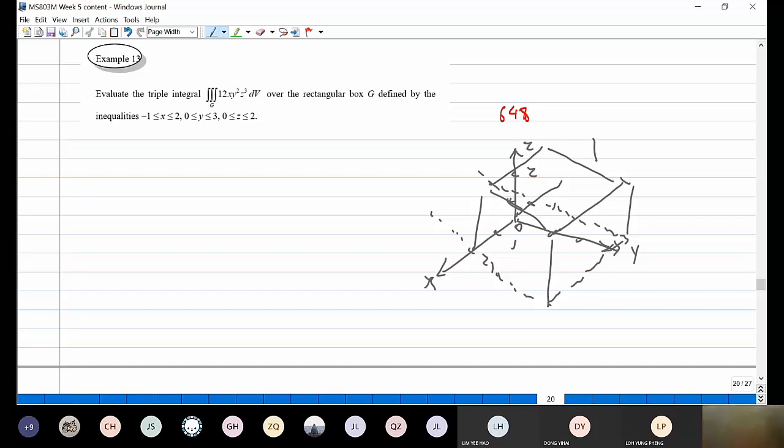Okay. Basically, it says that this box, this side is 3. This side, okay, -1 to 2 is 3. 0 to 3, this side is 3 here. And then this side is 2.